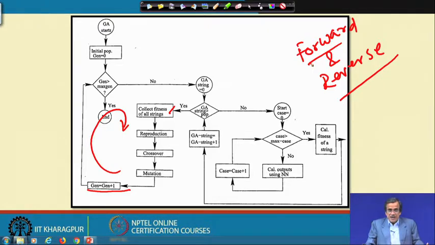Now, the reason is very simple. It actually depends on the nature of this particular error function.